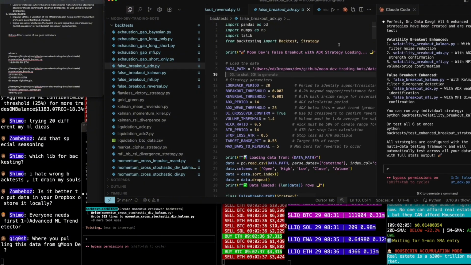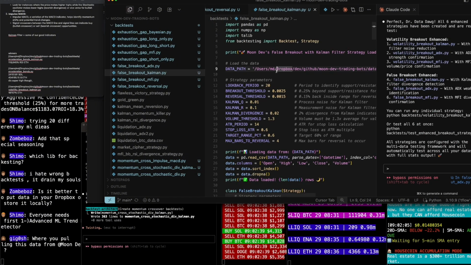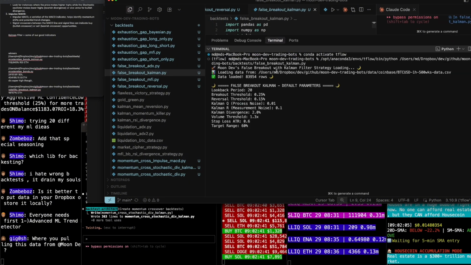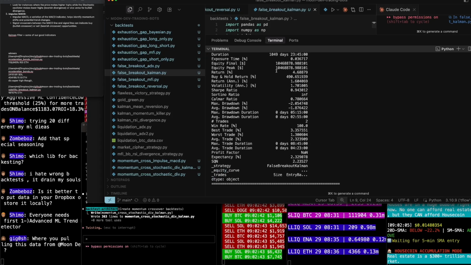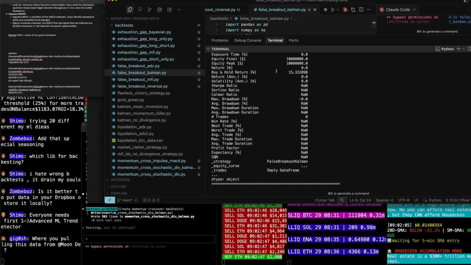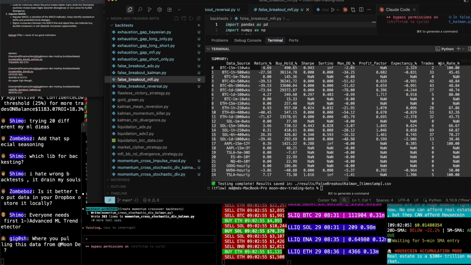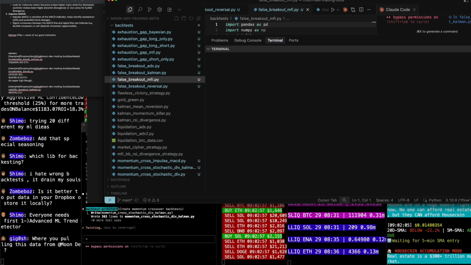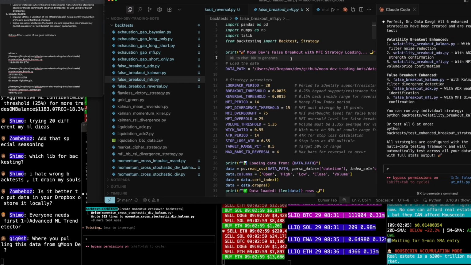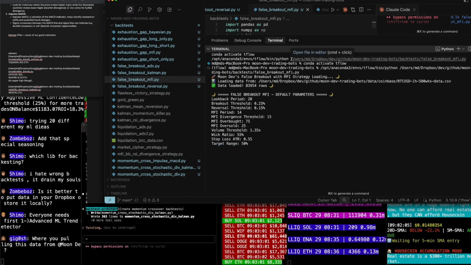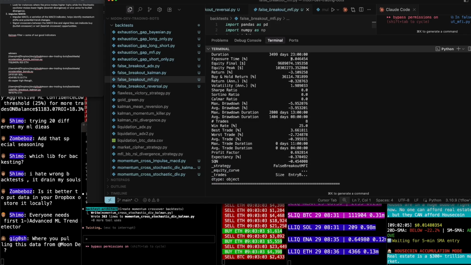So I'm going to keep it pushing. Nothing too good on these ones either. This false breakout idea doesn't look too hot so far.